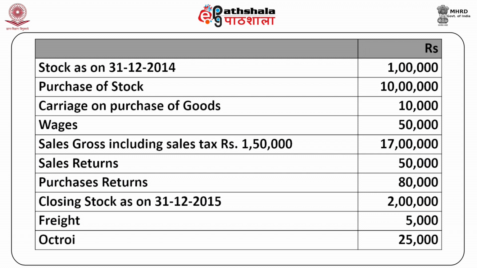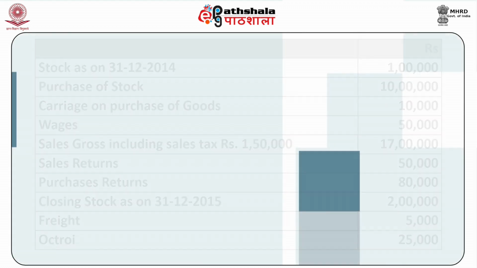The other information, stock as on 1/1/2014 1 lakh, purchase of stock 10 lakhs, carriage on purchase of goods 10,000, wages 50,000, sales gross including sales tax rupees 1,50,000, which comes to 17 lakhs, sales return 50,000, purchases return 80,000, closing stock as on 31/12/14 is 2 lakhs, freight is 5,000, octroi 25,000.